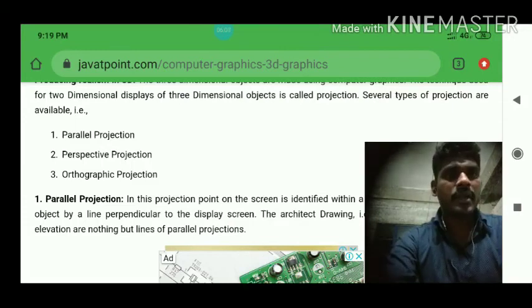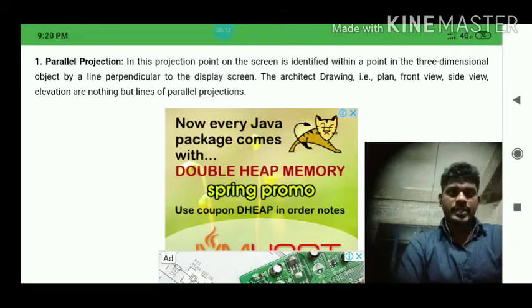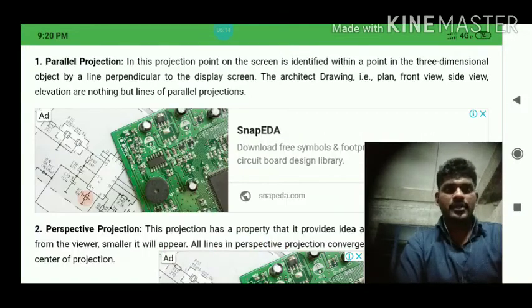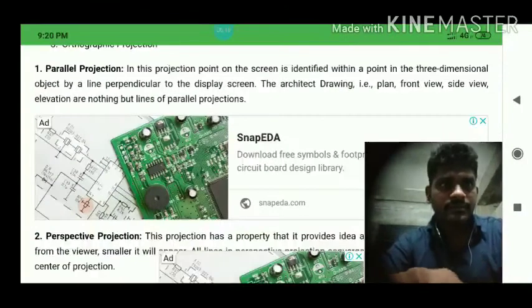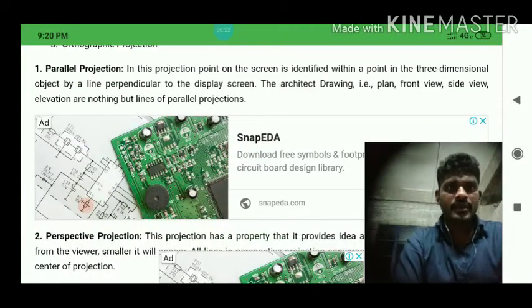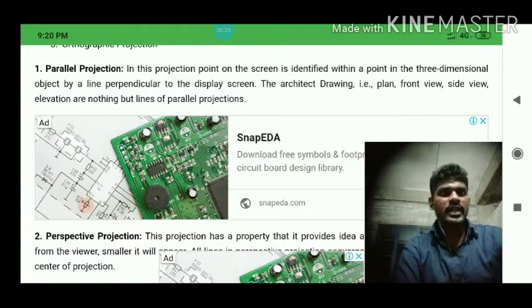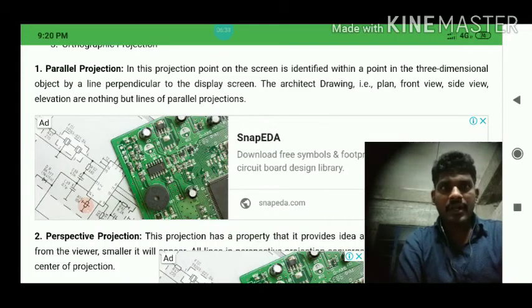We will see what a parallel projection is in a detailed manner. What is a parallel projection? Look at the definition here. Parallel projection: in this projection, a point on the screen is identified with the point in the three-dimensional object by a line perpendicular to the display screen.